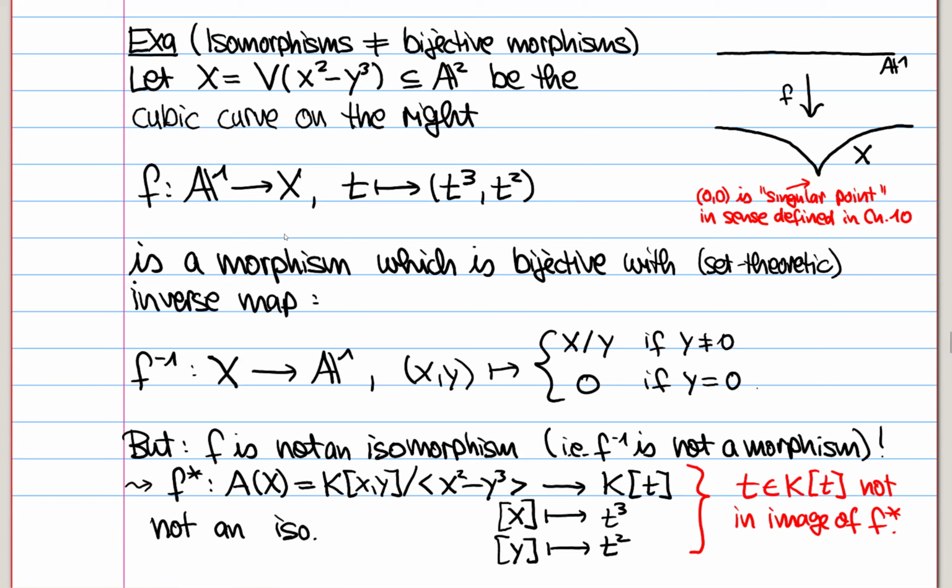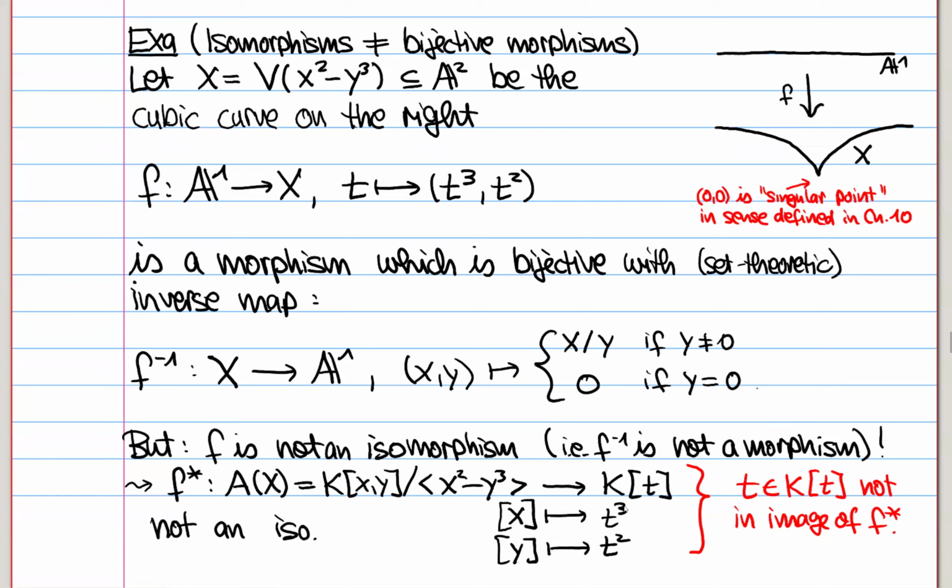It's sent to the coordinate ring of A1, which is k[t]. You just look at the two components, and the coordinate function x is sent to t to the 3, and y is sent to t squared. And then this is a well-defined k-algebra homomorphism. That's fine.